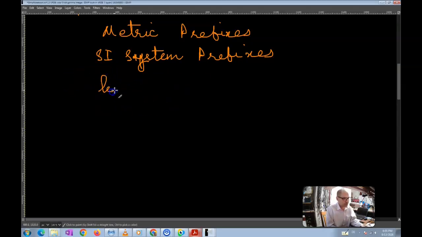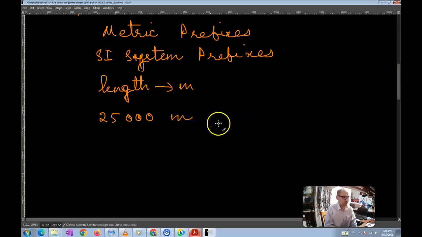If I take the unit for length as the meter, and take a meter stick in my hand, and keep measuring that path, 1 meter, 2 meters, 3 meters, 4 meters, and so on, I might come up with a number like 25,000 meters, meaning that the distance between those two cities is 25,000 times the length of our unit, which is 1 meter. So that's 25,000 meters.